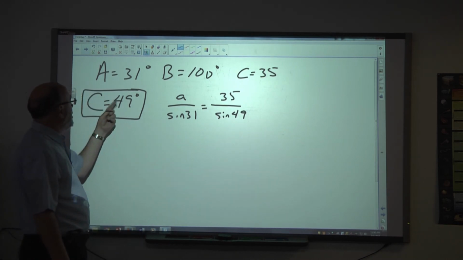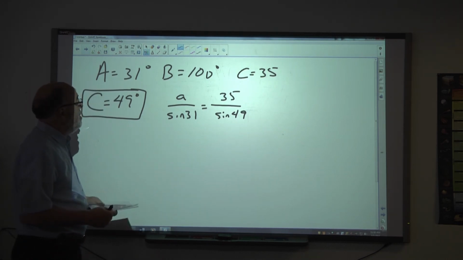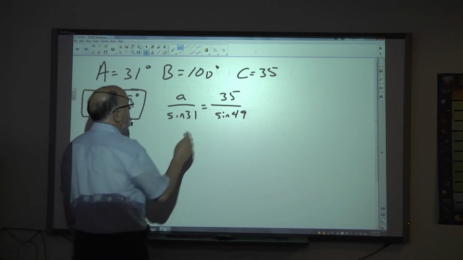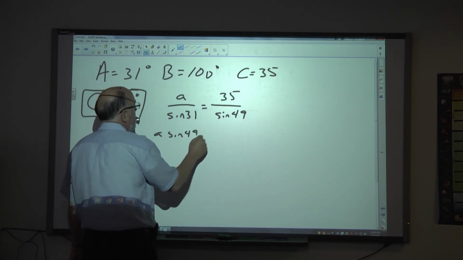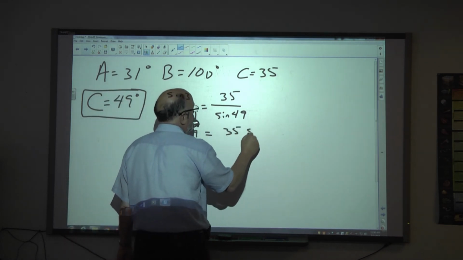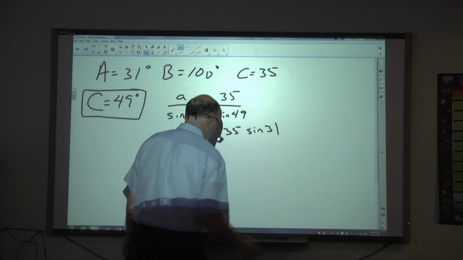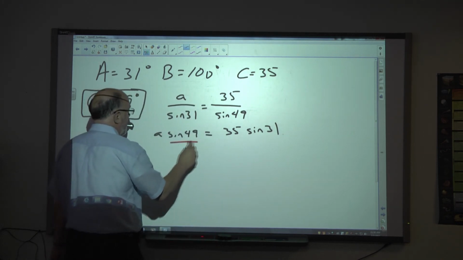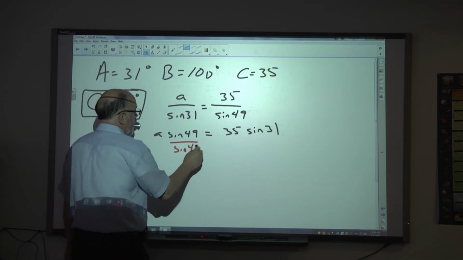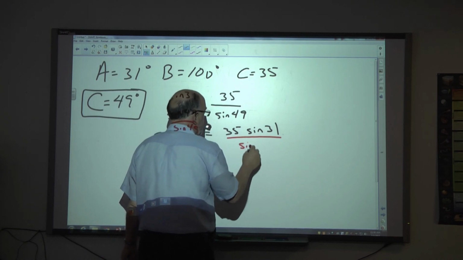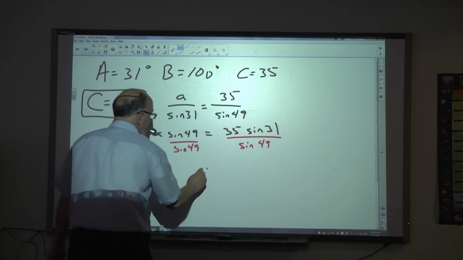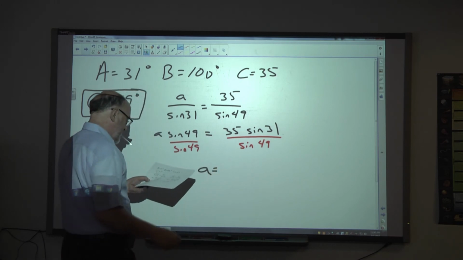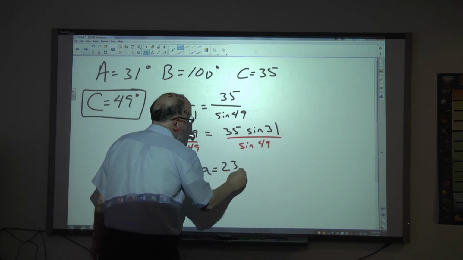We now have that once we found what angle C was. So we can cross multiply, and we get a times the sine of 49 equals 35 times the sine of 31. Divide, and we get that side a, in this case, is going to be 23.9.